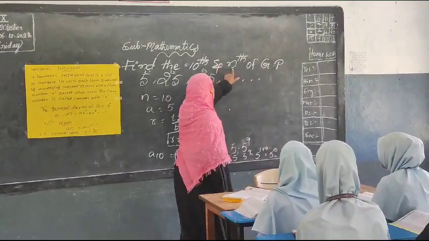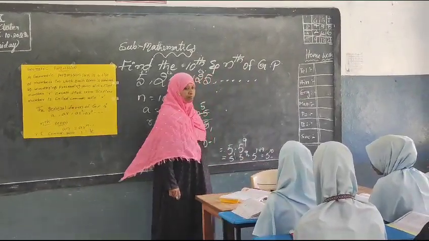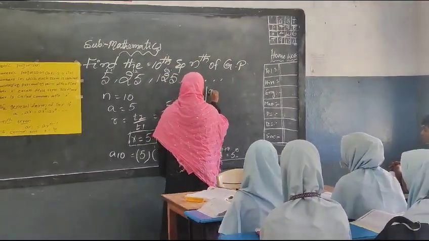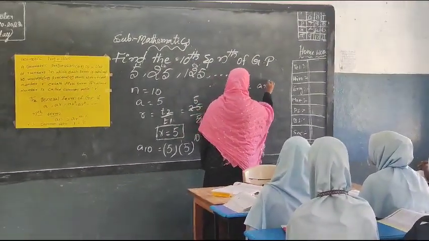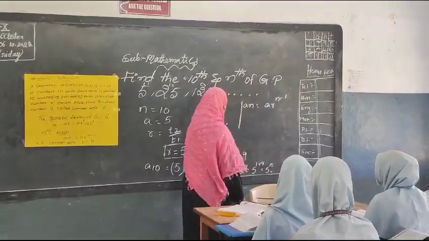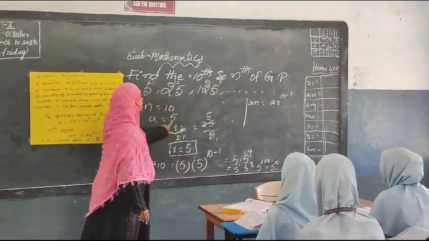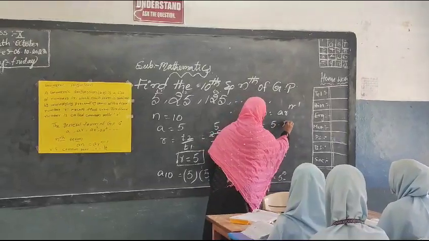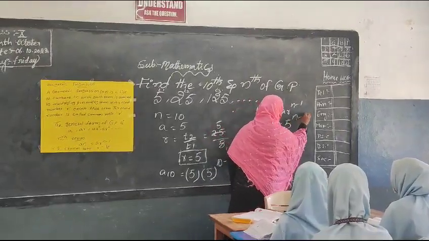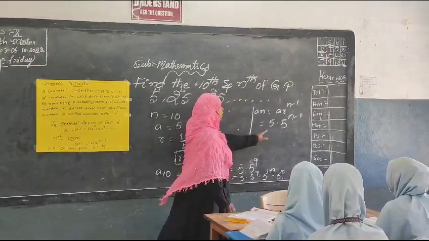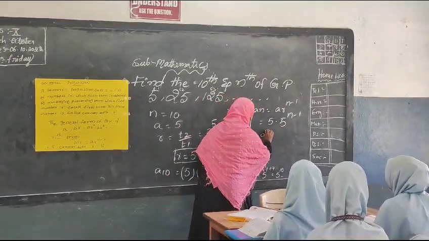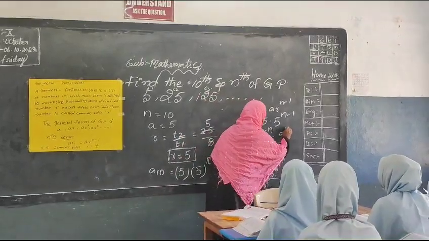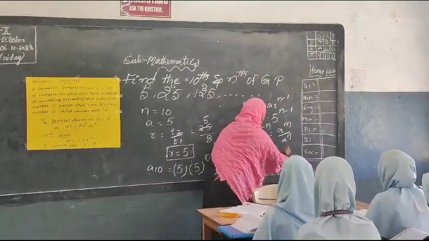Now find the nth term of the GP. The nth term is an equal to ar power n minus 1. What is a? 5. So 5 into 5 power n minus 1. Here we use the rule a power m minus n is equal to a power m divided by a power n.